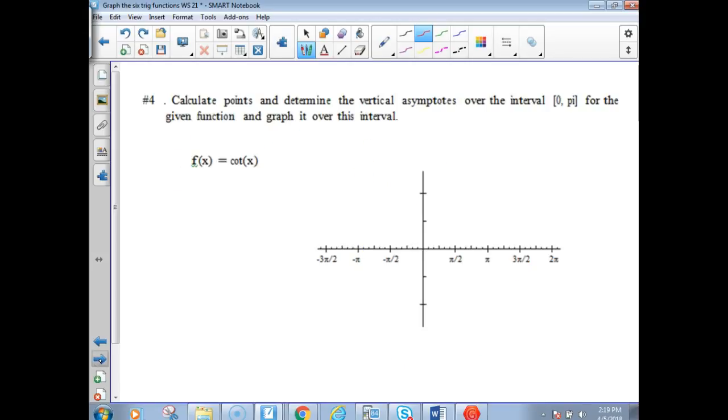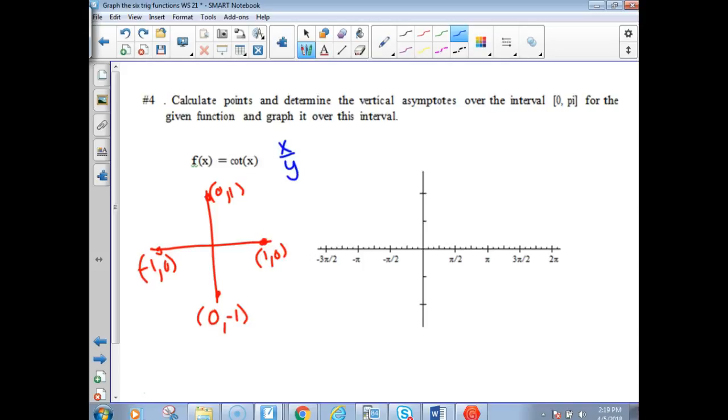Moving to the cotangent. If I think about the unit circle, I'm just going to do a quick sketch of what the key points are. I'm not drawing the circle. Negative 1, 0, and 0, negative 1. What is the cotangent at its x over y? So cotangent is 1 over 0 or undefined at 0.